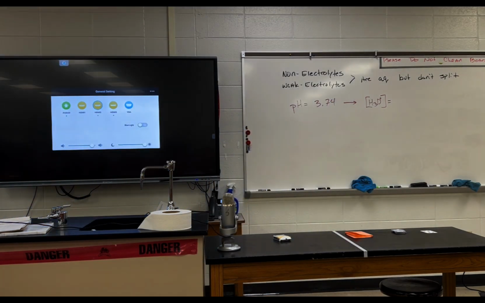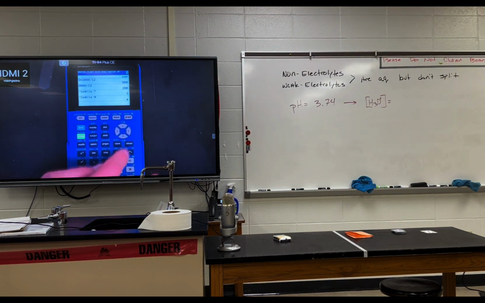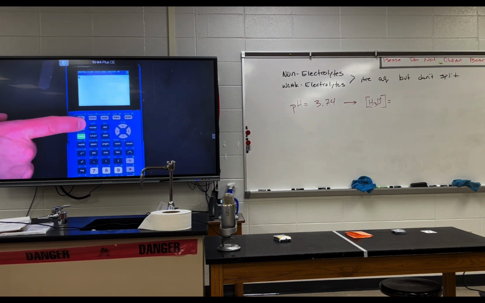On your calculators, second log. Now remember, we're going out of pH. Remember, we changed the sign to be positive, correct? Or the opposite of what it was. So if I have a value of 3.74, that meant the log of it was negative 3.74.